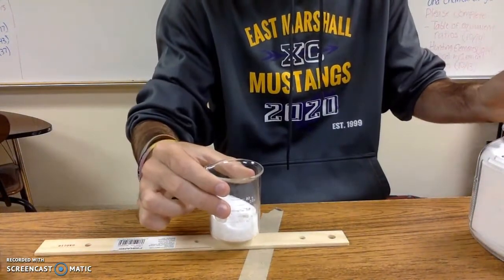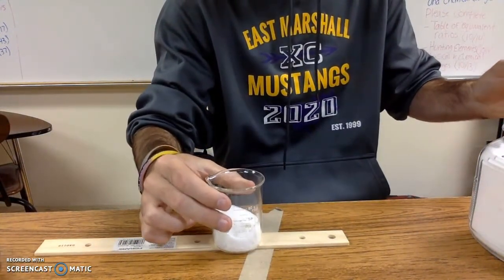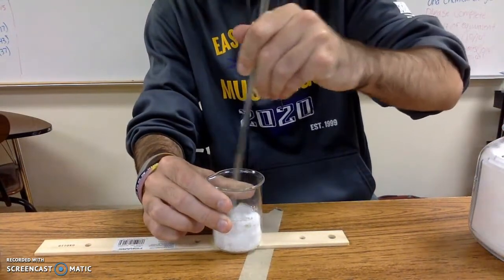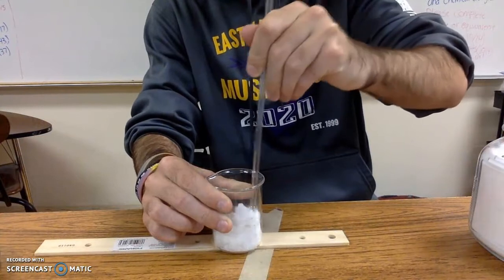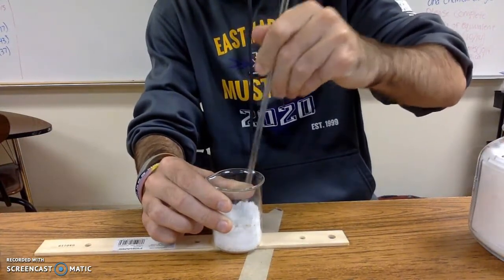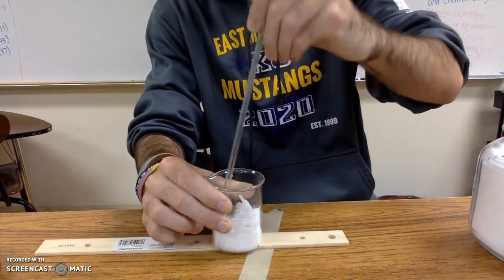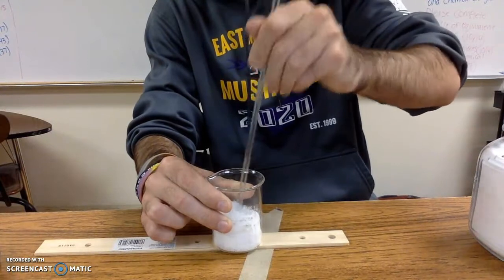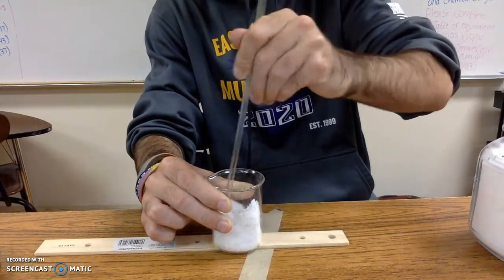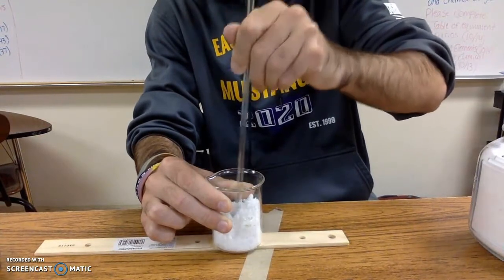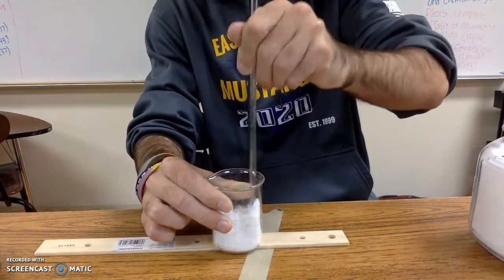So I'm setting it on the ruler where there was water. Keep it there. Then I'm just going to start stirring this up. I'm mixing two solids, and we're going to see something that just doesn't seem possible. But it's going to take a second. Sometimes with science we have to be patient, right?